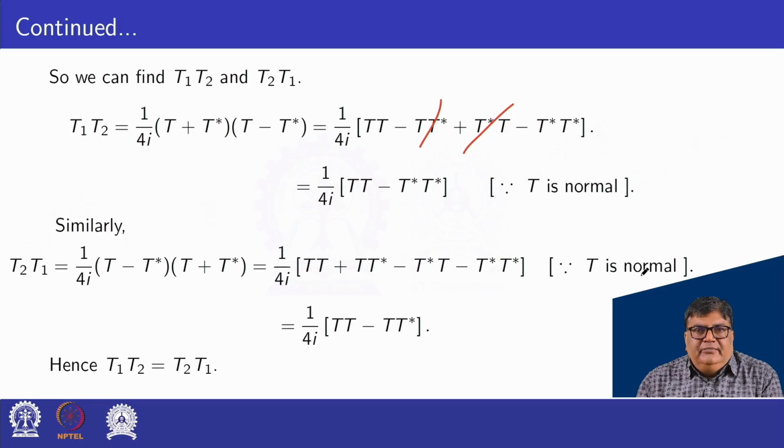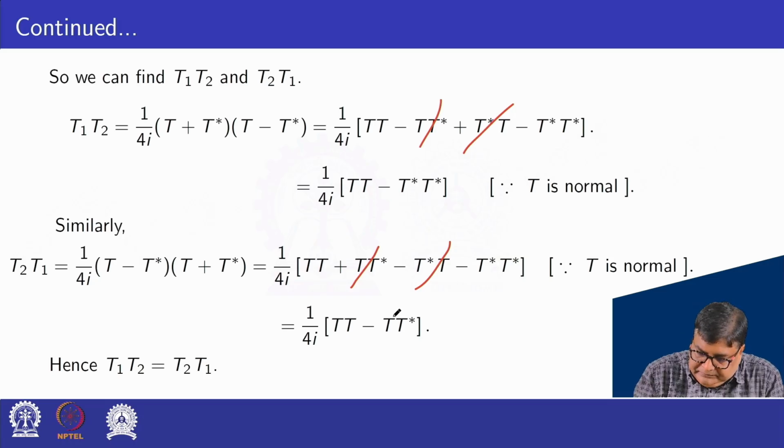Since T is normal, T T star is equal to T star T, again they cancel. So we have 1 upon 4i into TT minus T star T star. So here T1 T2 and T2 T1 have the same value. This proves the theorem.